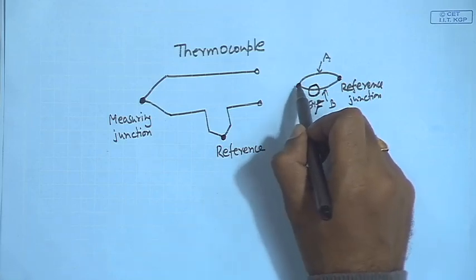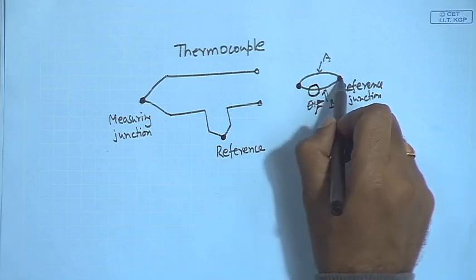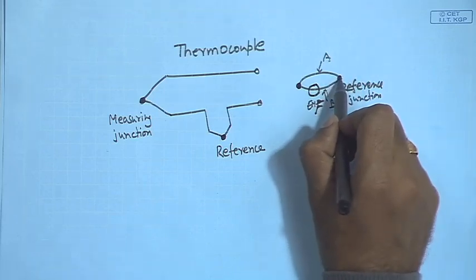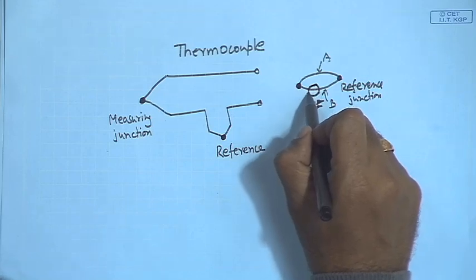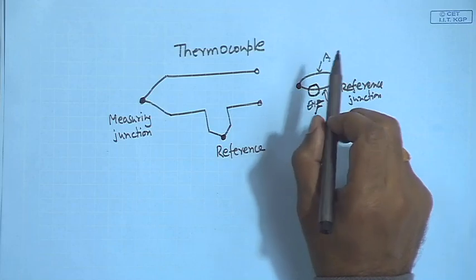The EMF produced depends on the difference between this junction temperature and this junction temperature, but by keeping one junction temperature constant, I can measure the temperature directly by looking at the EMF value, of course, after suitable calibration.